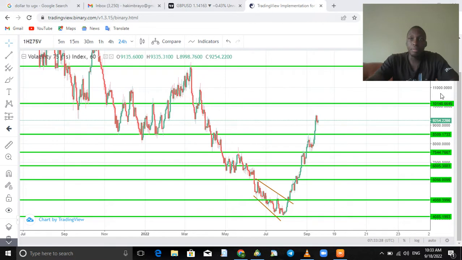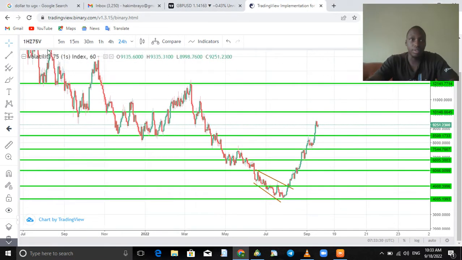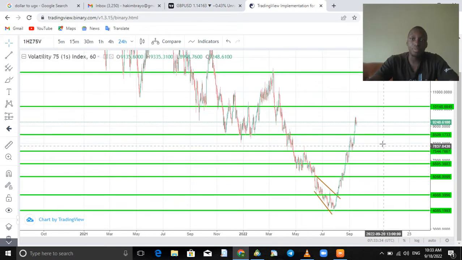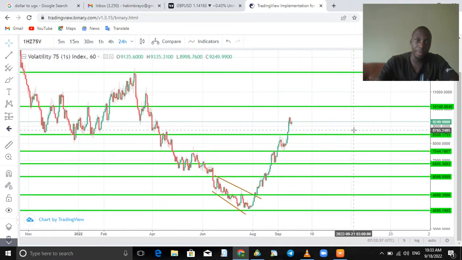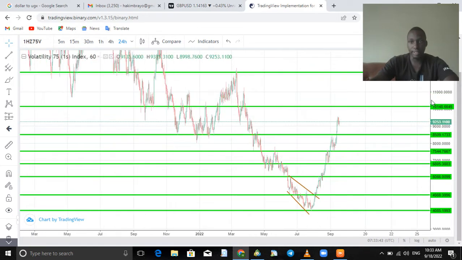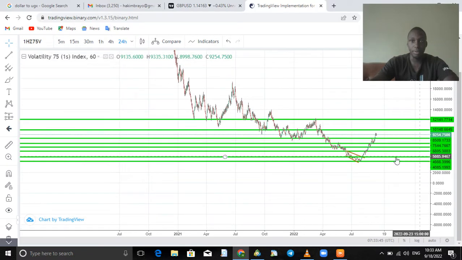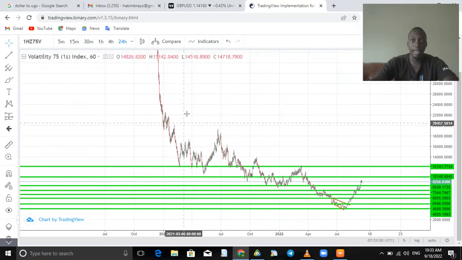Now I've already opened up my charts of VIX 75 1S. My charts are already drawn with my major market key levels. Now if you focus on 75 1S, I can see it is in a deep uptrend. So the overall market was a downtrend.